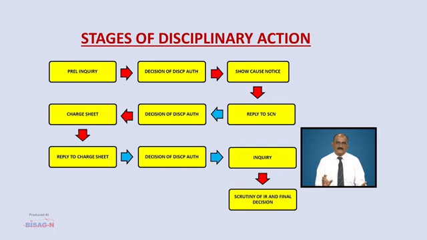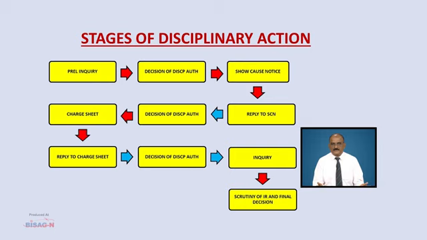Once we decide that it is a major misconduct requiring action under major penalty proceedings, we will issue a memorandum of charges, generally called a charge sheet. Once the charge sheet is issued with all details and evidences included in it, which we will discuss in a separate video, the replies of all the accused people are obtained.